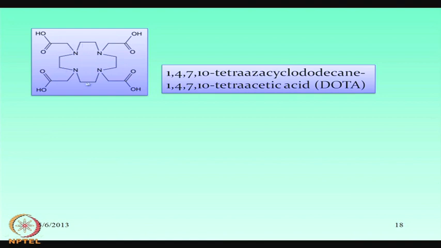So, this is the parent macrocyclic ligand, which is a tetradentate N4 ligand.